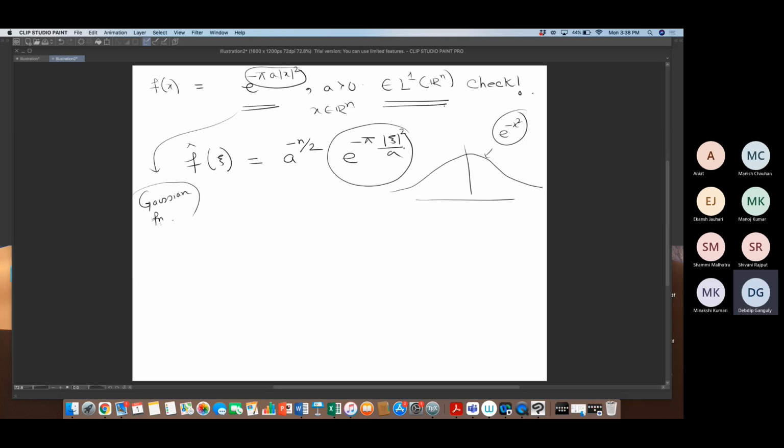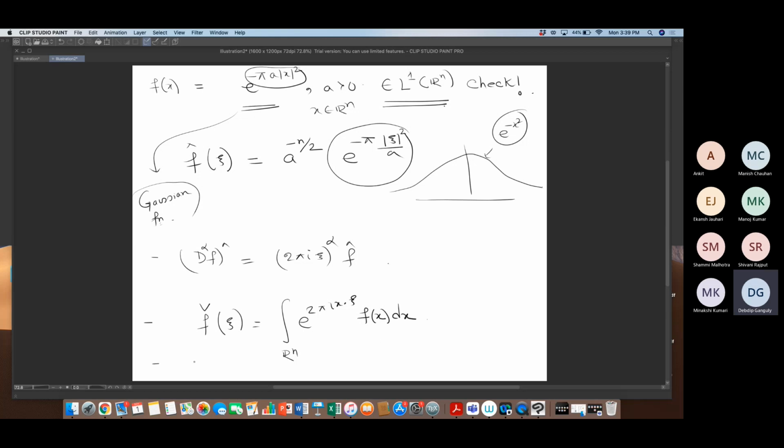Also this property is used: if you take the Fourier transform of the derivative D^alpha f, you get (2 pi i xi)^alpha times f hat. This is just integration by parts; the proof follows directly from integration by parts. Another is the inverse Fourier transform: the integral over R^n of z(xi) e to the power 2 pi i x dot xi d xi.